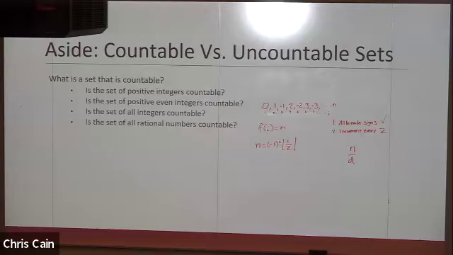Anyone want to assert, no, the rational numbers are not countable? Seems like a lot of people have no idea and we're guessing. That's fine. This is not a straightforward concept. Turns out the rational numbers are countable. The real question is how? How are the rational numbers countable? Any ideas for how we would enumerate the rational numbers, come up with a function that would, given any query, eventually generate that rational number?